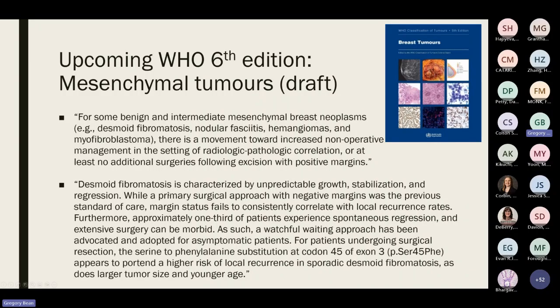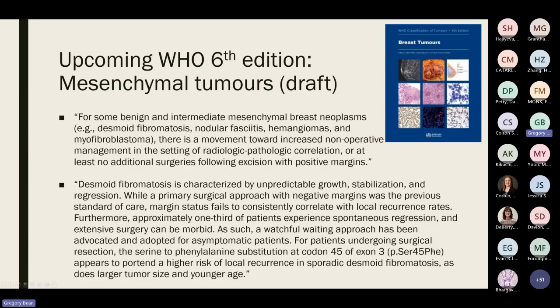Fibromatosis also has some updated text. Some of this was in the last version, but some is updated: while a primary surgical approach with negative margins was the previous standard of care, margin status fails to consistently correlate with local recurrence rates, and patients can show regression. So now a watchful waiting approach has been advocated and adopted for asymptomatic patients.